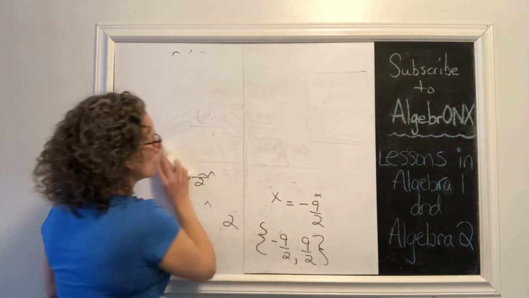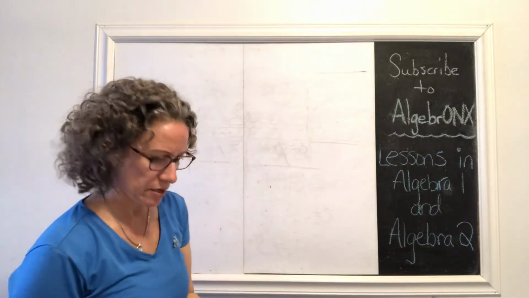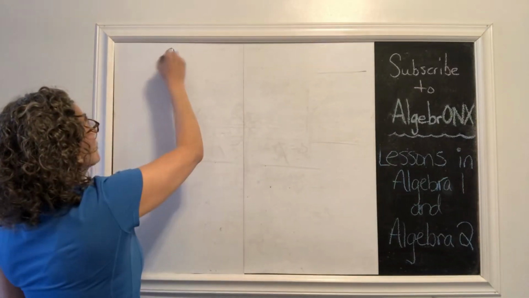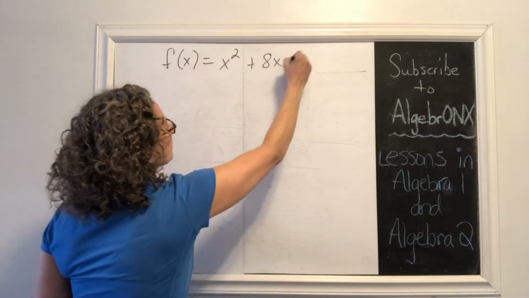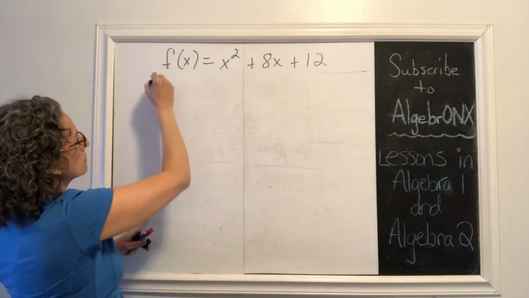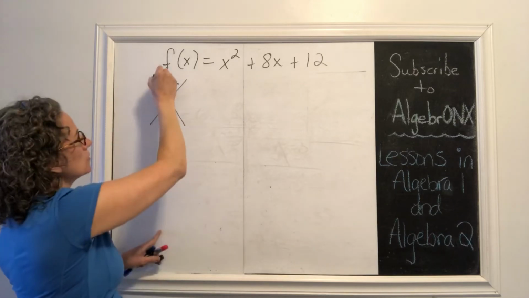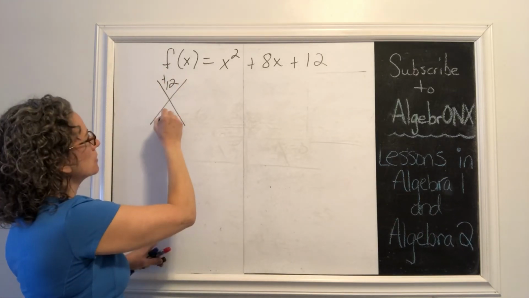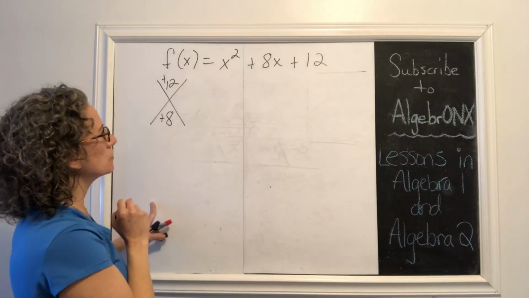Okay, in this next one, it's a traditional trinomial, so we're just going to practice f of x equals x squared plus 8x plus 12. And for those of you that like that x method, when you're factoring, we need factors that give you a positive 12 and add up to give you a positive 8. So you're thinking, what numbers multiply to give you 12?